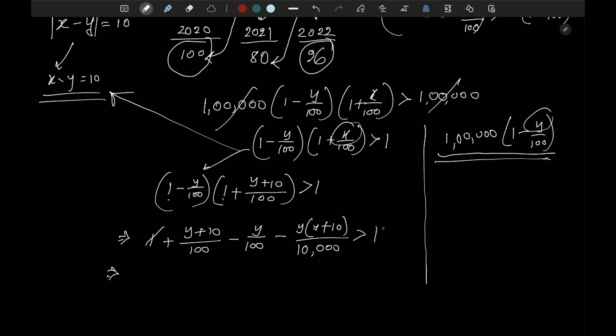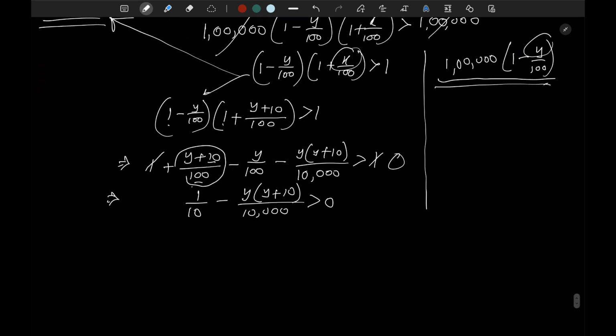This goes out and this becomes 0. When you break this open, y by 100 and this y by 100 get cancelled out, and 10 by 100 gives you 1 by 10, and you have here minus y into y plus 10 by 10,000 greater than 0, right?